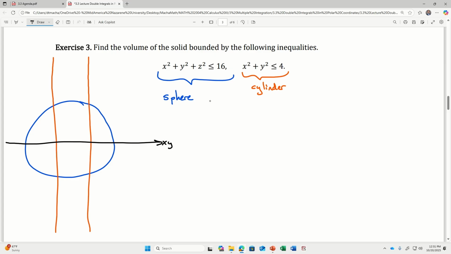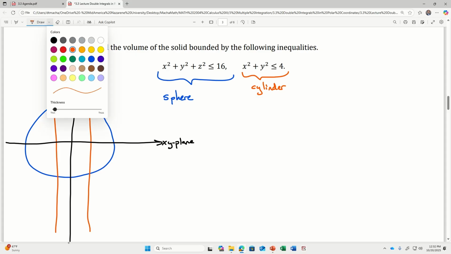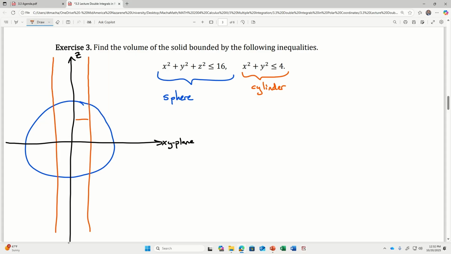But here's my xy plane. Here's my z-axis. What's the radius of my cylinder? 2. And what's the radius of my sphere? 4.